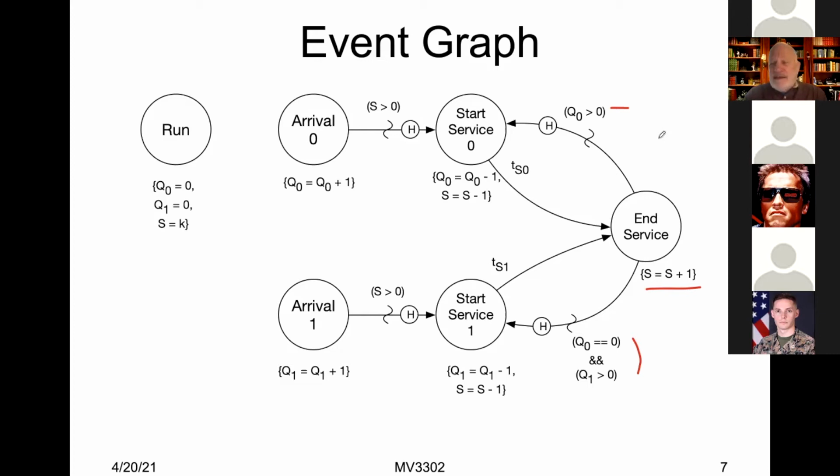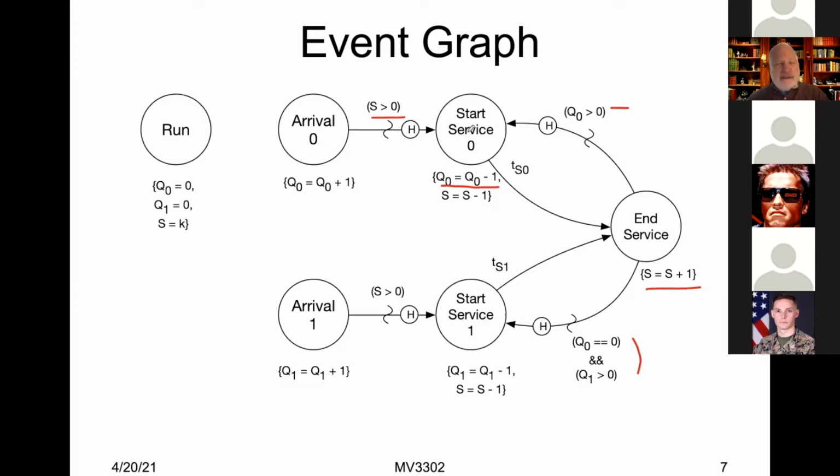It's one that you should always be asking. Why don't I need this condition? But a similar thing is happening here too. Because Q0 is going to be decremented, it's going to make things really bad if Q0 happens to be 0. So a necessary condition for start service on a 0 is that Q0 be bigger than 0. That's a necessary condition.